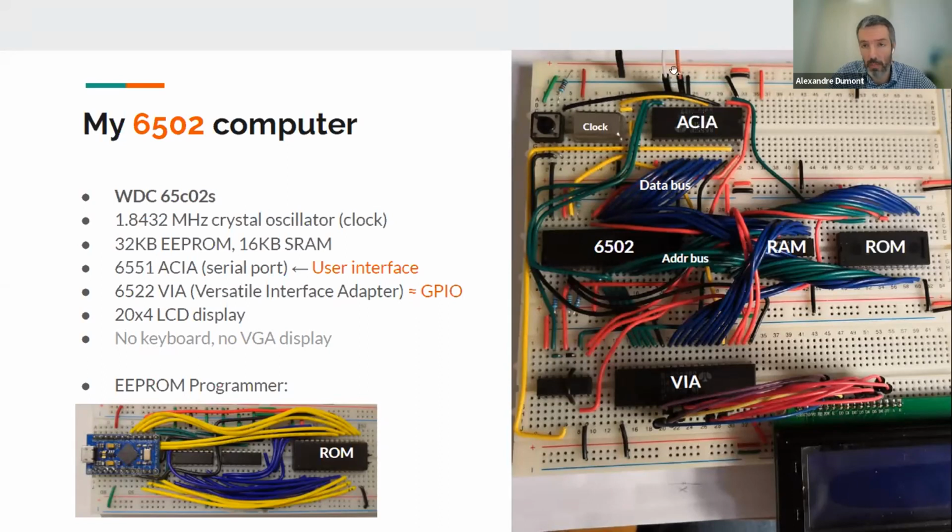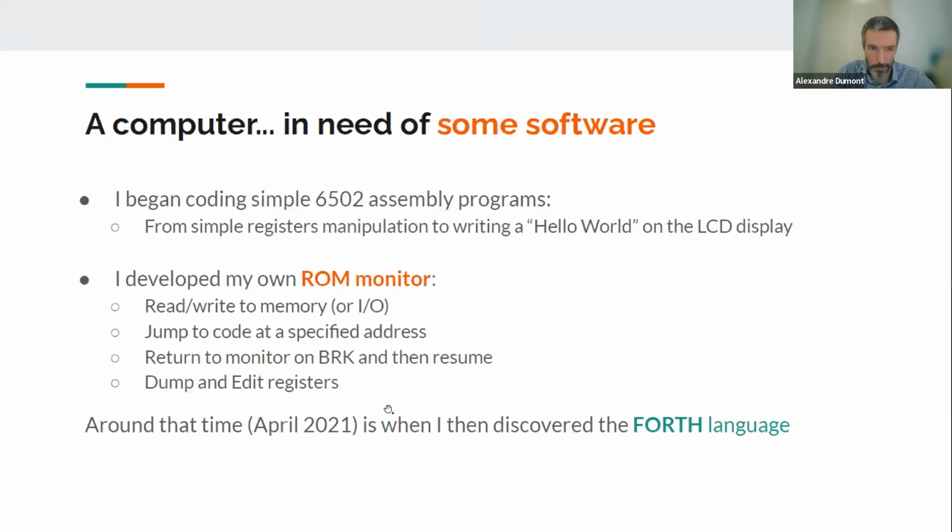That's how I will communicate with the computer using an FTDI USB dongle. As you can see, there is no keyboard nor any VGA display, but there is a 20x4 LCD display at the bottom. At the time, I also built an EEPROM programmer, but right now it doesn't work anymore, so I'm using a commercial programmer.